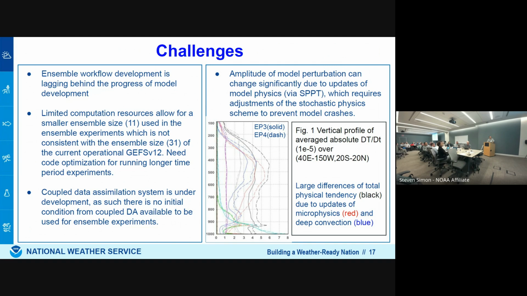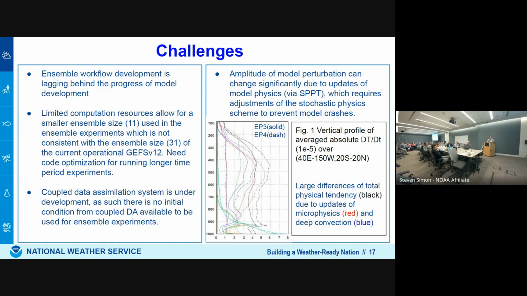Because of limited computation resources, all the experiments are carried out using 11 ensemble members, but for operational GEFS it will be 31 members. So we have fewer ensemble members, and also need code optimization for running longer time period experiments, like 48-day forecasts.